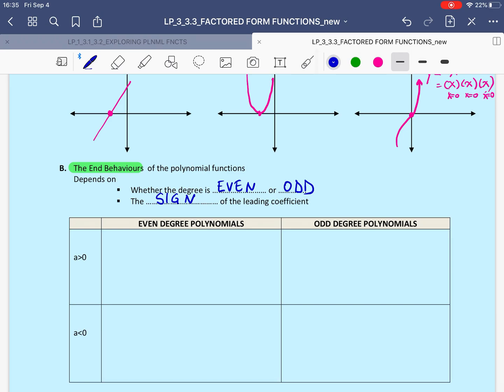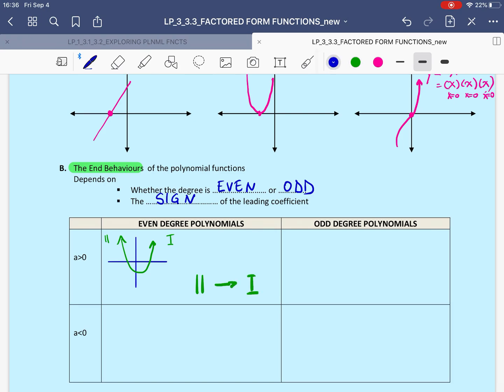If the coefficient a is positive, and here we go, we are going to say that the function will extend from quadrant 2 to quadrant 1. So let me write it here.